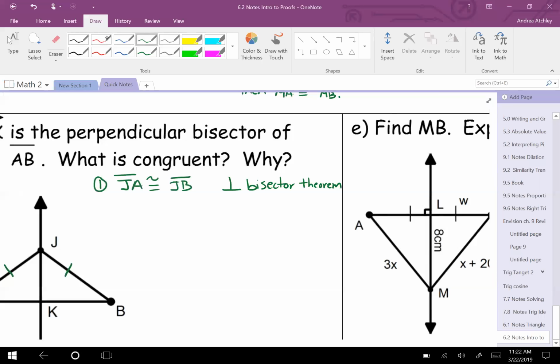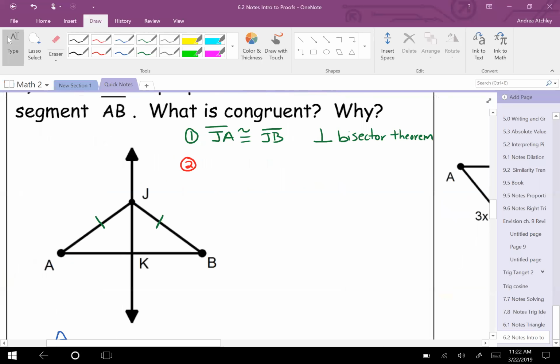There's something else. What else would be congruent if I tell you that those are perpendicular bisectors? Yep. KB and KA.